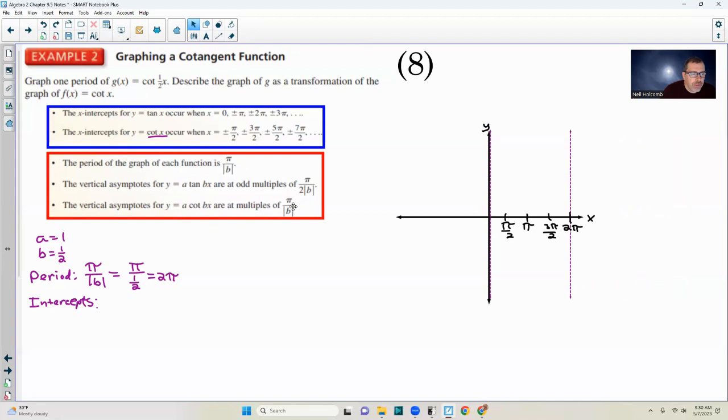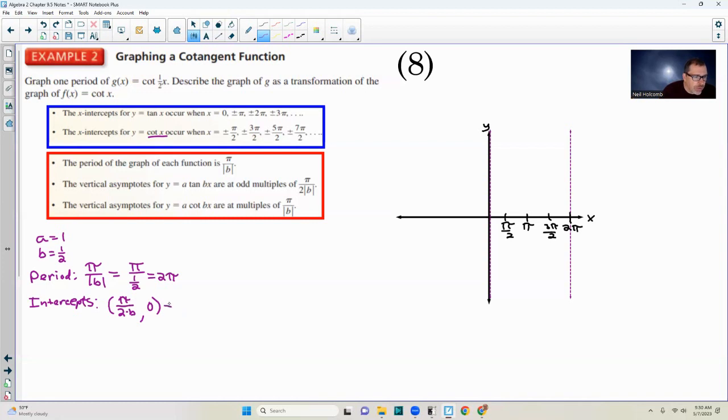So x-intercepts are going to be, oops, I don't have my pen. X-intercepts are pi over 2 times b. And our b is a half, and it's going to be comma 0.